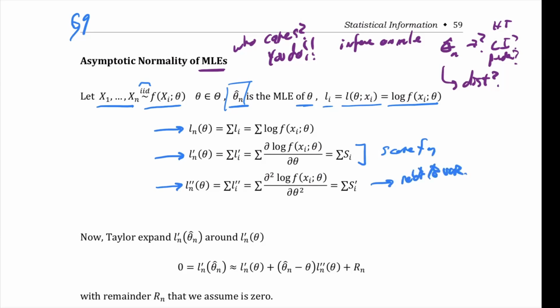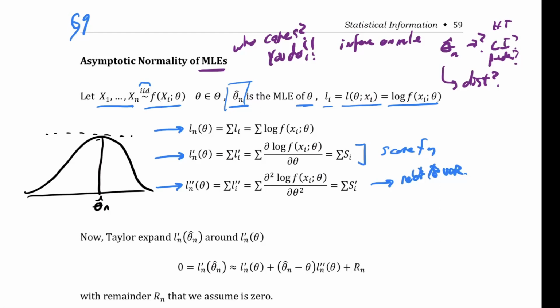One way to think about this is if you had a likelihood function here, where this thing is flat is where you get the MLE. But the curvature of this thing right here helps determine how much information you have.